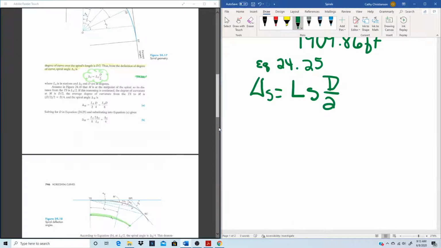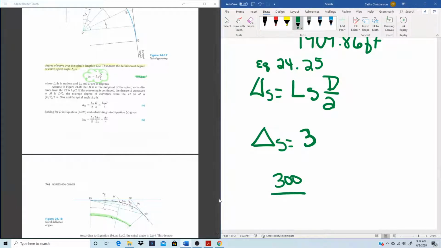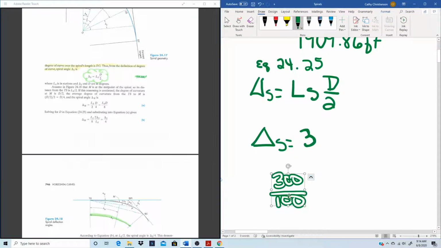Now this time, remember, it says LS, the length of the spiral, needs to be in stations. So if I say LS is 300 feet, that would be 3 stations. So if something's 300 feet, to put it in stations, you would divide by 100, because one station is 100 feet. So that's how you would calculate a station. So just pay attention on what they asked for.